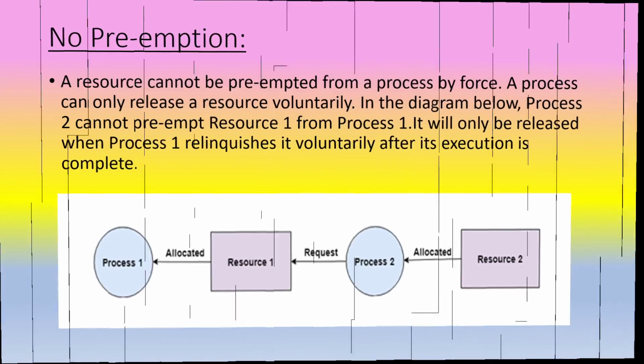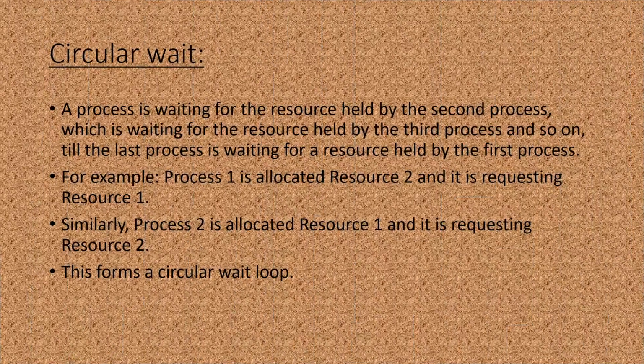Next one is circular wait. A set of processes are said to be in a deadlock state if one process is waiting for a resource which is allocated to some other process. Here, a process is waiting for the resource held by a second process, which is waiting for the resource held by a third process, and so on, till the last process is waiting for a resource held by the first process.